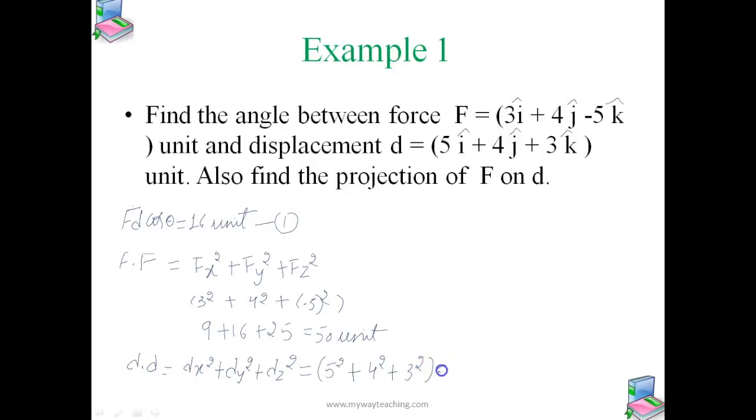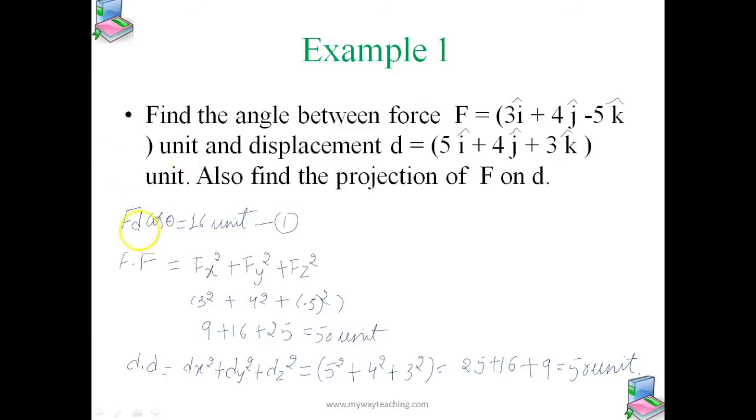So again it is 25 plus 16 plus 9, which gives 50 units. So D dot D is 50 and F dot F is 50. Now we have the values of F as well as D.